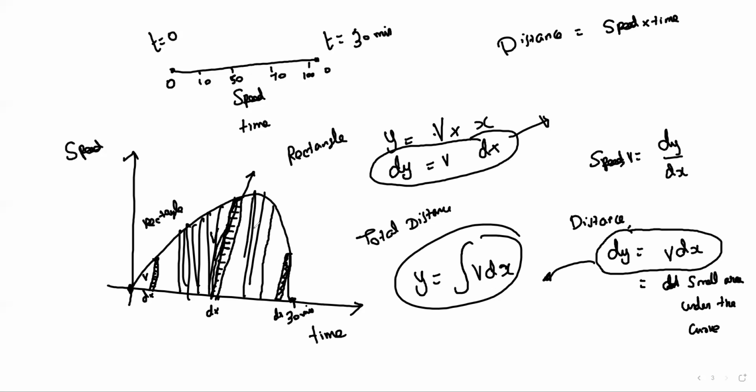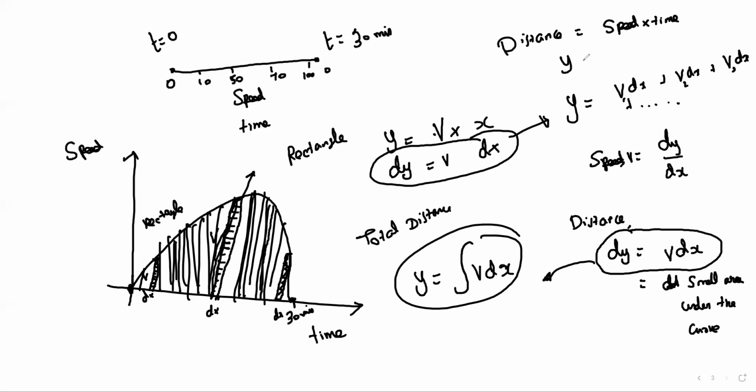So each line tells us the small distance traveled in small time dx. All are different distances. So what do you have to do? If you want to find y, you just add all those v dx. v dx at 1, v dx at 2, v dx at 3. Like that, we have infinite v dx. So adding all those v dx will give the integration.